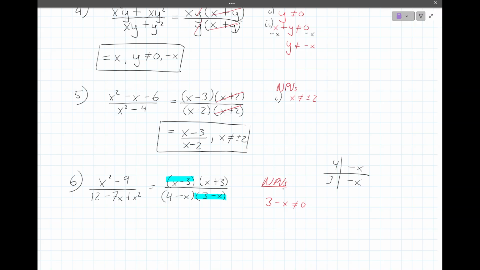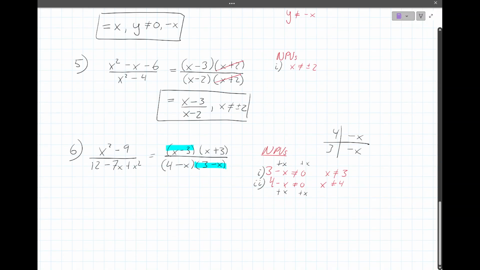Well, then I can add x, and then x cannot equal 3. So that's case 1. And then case 2, we'll get 4 minus x cannot equal 0. So x cannot equal 4 if I add plus x, right? I can do the algebra anyway there.